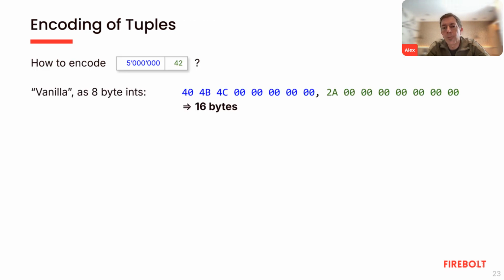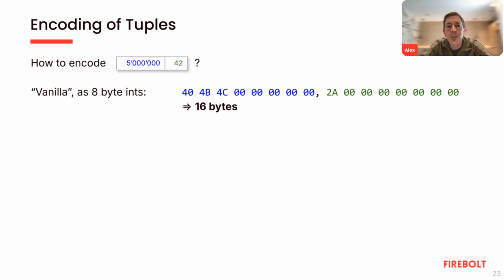So how do we encode something like 5,000,042 as a tuple? Well, we could start and do the fine and very common, what we could call a vanilla encoding, where each of these numbers is encoded as an 8-byte integer. If you know about the concept of little endian and look closely at these 8 blue values that you see here in the slide, then you would see that these come from left to right.